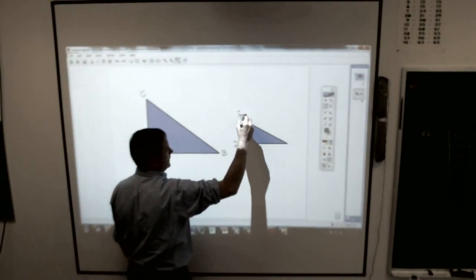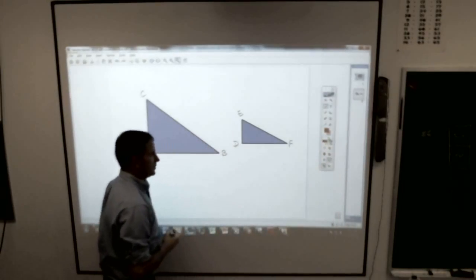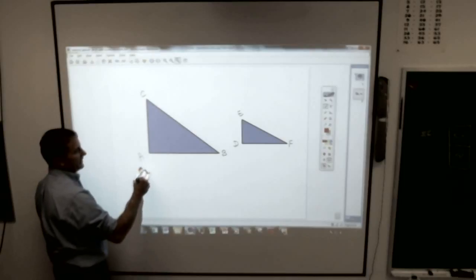D, E, and F. In math, we have a little thing that's called corresponding sides.